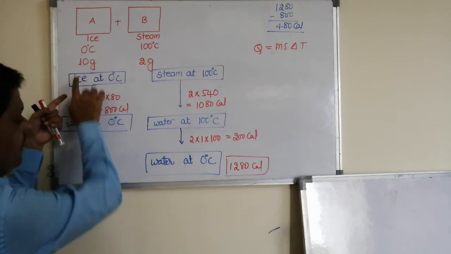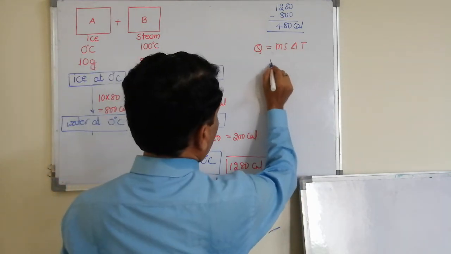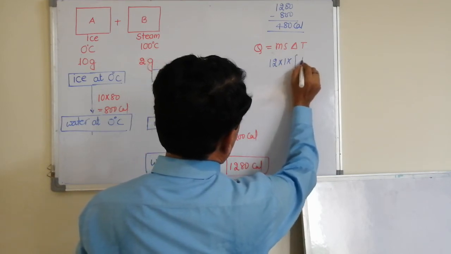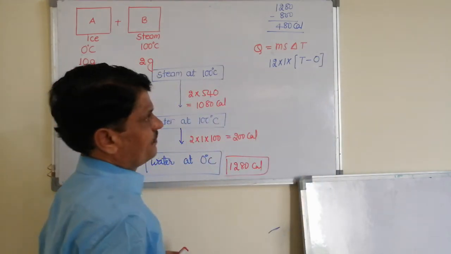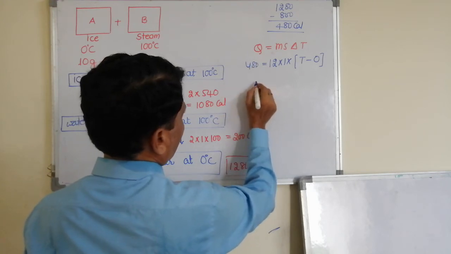So it means total 10 plus 2, 12 gram. Specific heat 1. Change in the temperature, temperature of the mixture is T minus 0. Here the available is 480.